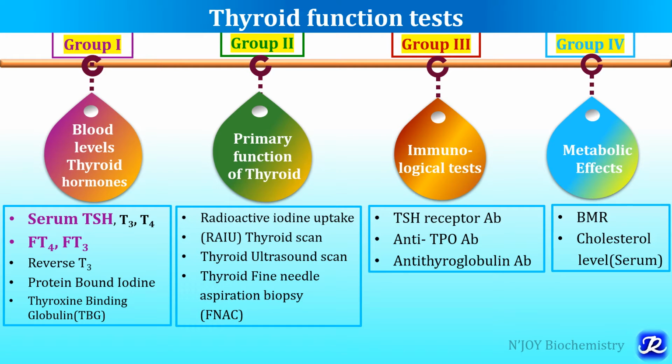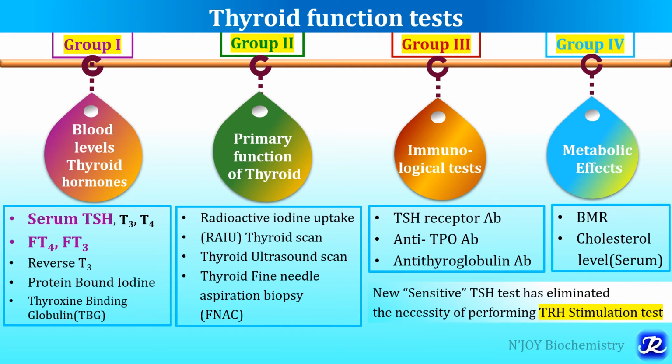For example, BMR and estimation of serum level of cholesterol. Earlier, TRH stimulation test was also used to differentiate between primary and secondary conditions, but now the new sensitive TSH assay has eliminated the necessity of performing TRH stimulation test. So this is not routinely done now.